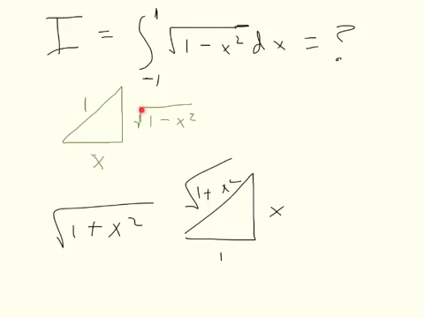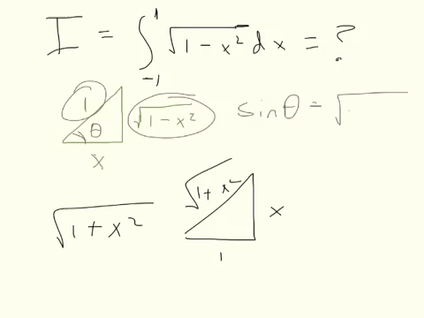And so what does that suggest for our substitution? Well, there's an angle theta in here, and sine of theta is equal to the opposite side over the hypotenuse, so sine of theta is equal to the square root of 1 minus x squared. And so we're going to come up with some kind of substitution. We're going to figure out what dx is in the theta coordinates, and we're just going to switch the variable of integration.